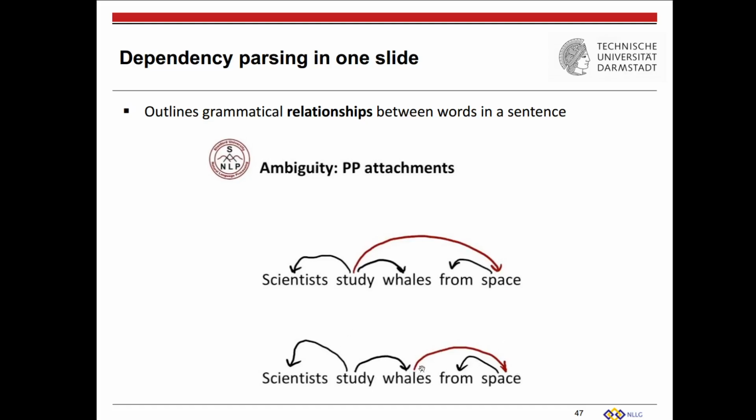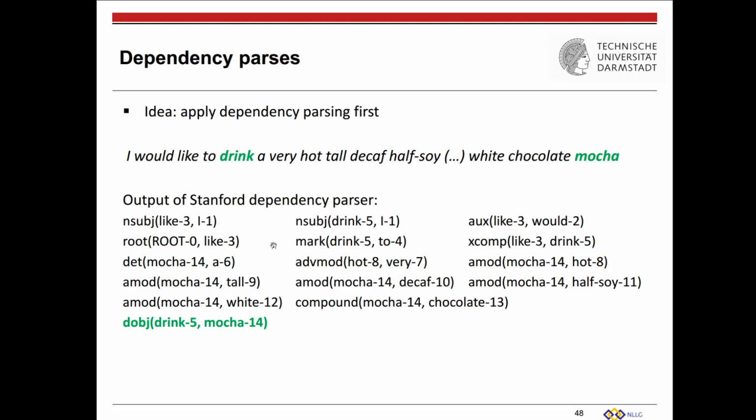So in this case down here, the whales are from outer space, and in this case they study the whales and they study them from space, okay? So dependency parsing can help resolve ambiguities.